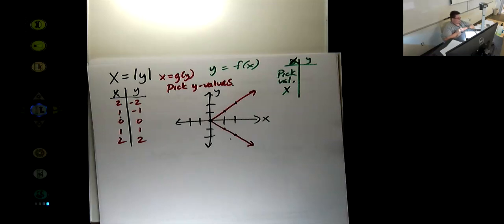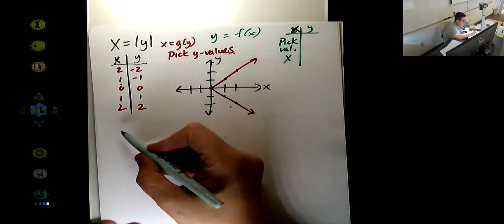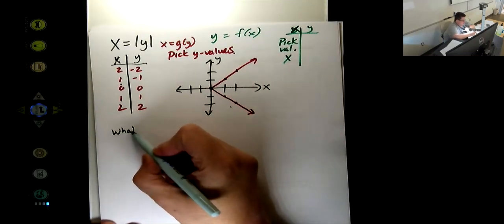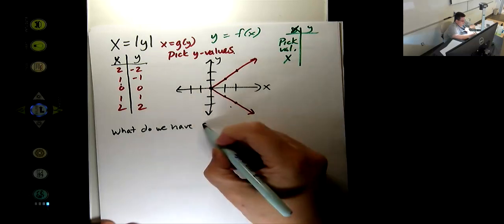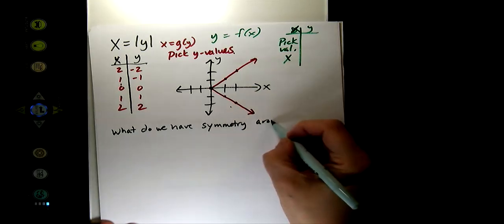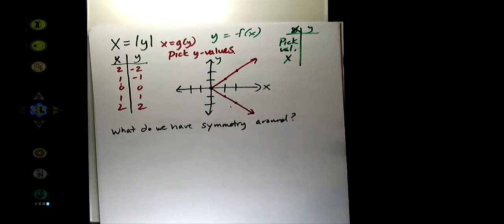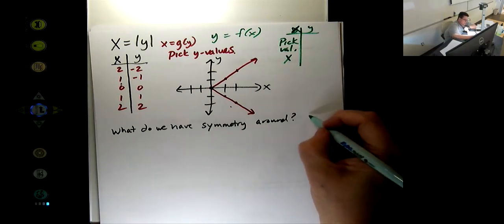So now that we've got the graph drawn, what do we have symmetry around? Around the x-axis, right? Not the y, not the origin. Just the x-axis.